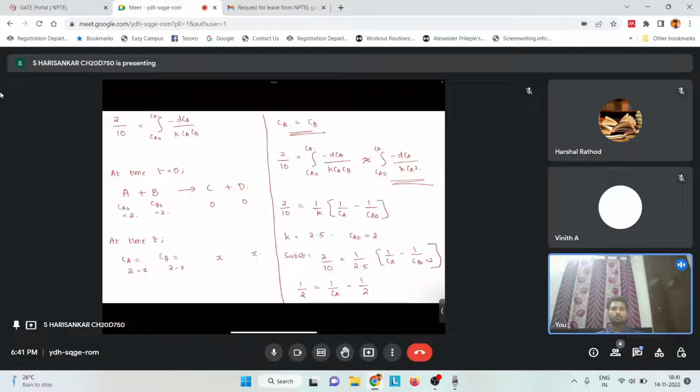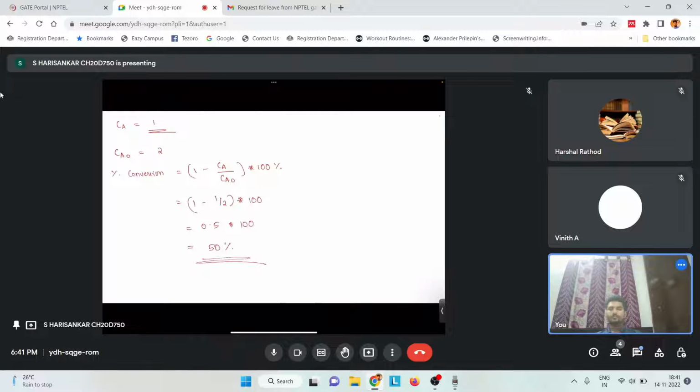So now our design equation will only have the Ca term, and from then onwards it is just a straightforward integration, applying the limits and then solving for Ca. And once you find the final concentration Ca, we can use that Ca and Ca0 to find the percentage conversion, which will come to 50%.